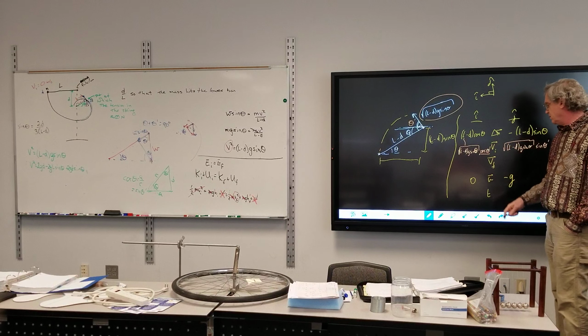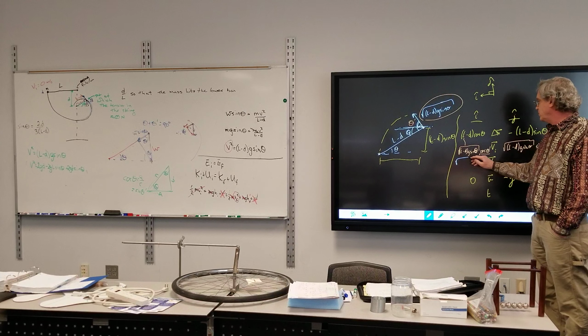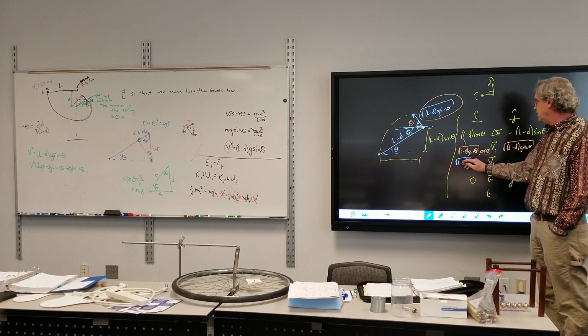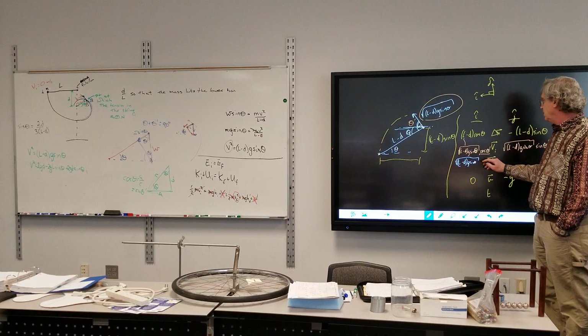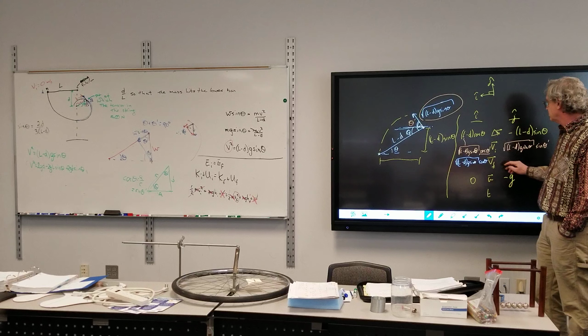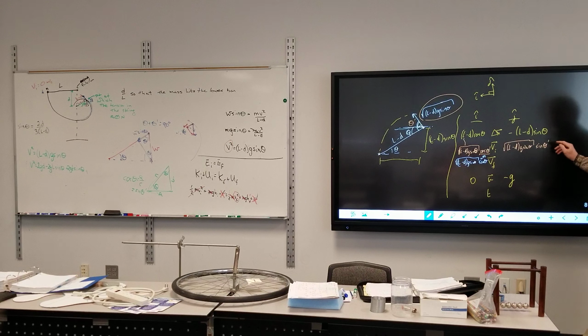And so this becomes the square root of L minus D G sine theta times the sine of theta. And this becomes the square root of L minus D G sine theta times the cosine of theta.